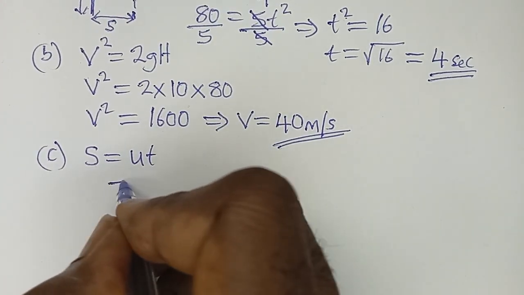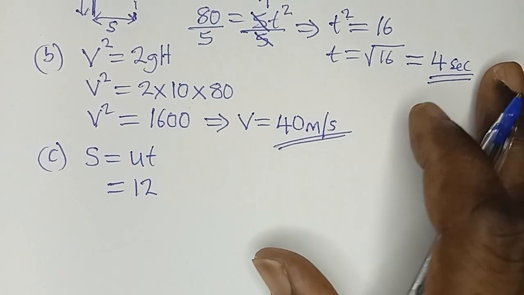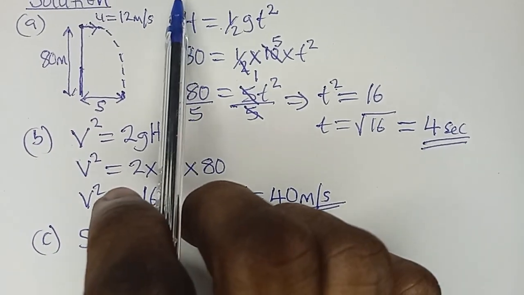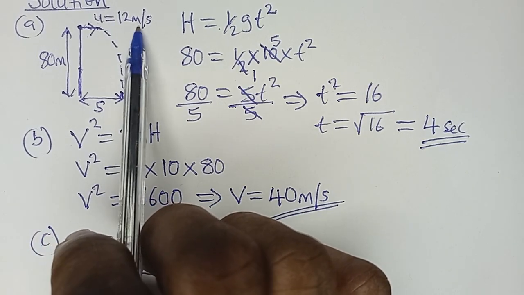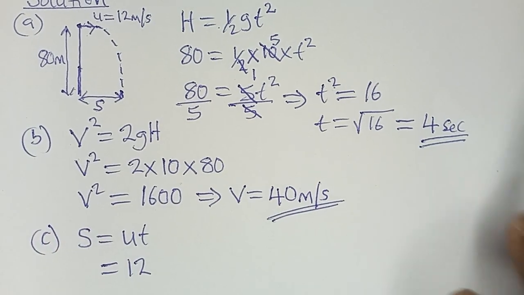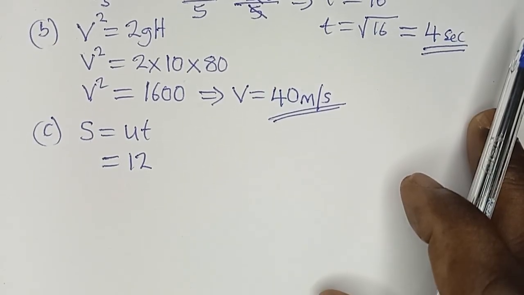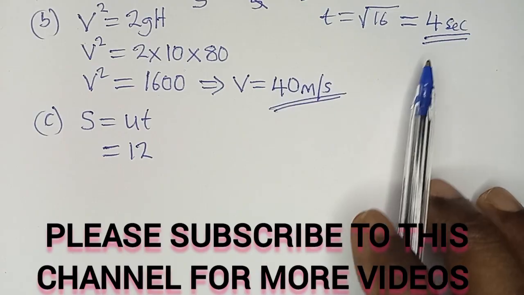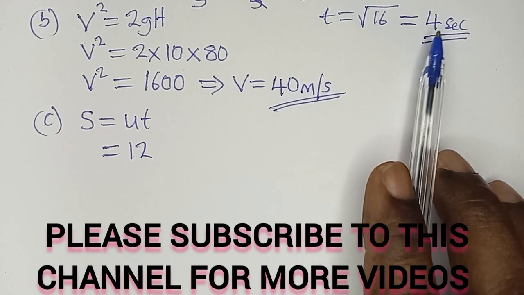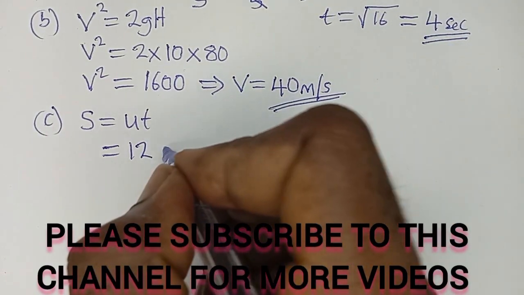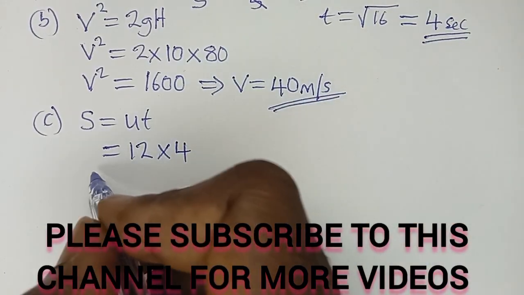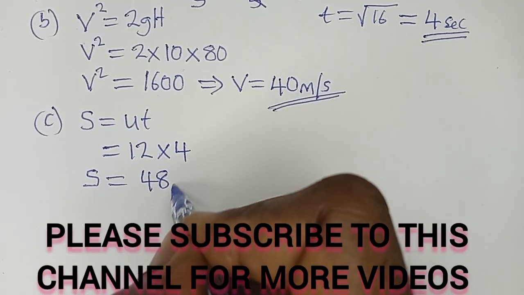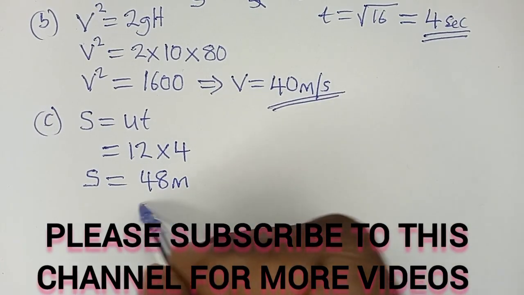The u from the question is 12 meters per second, and it multiplies the time, which is 4 seconds. So 12 multiplied by 4 gives us the horizontal distance covered as 48 meters. And that is the final solution.